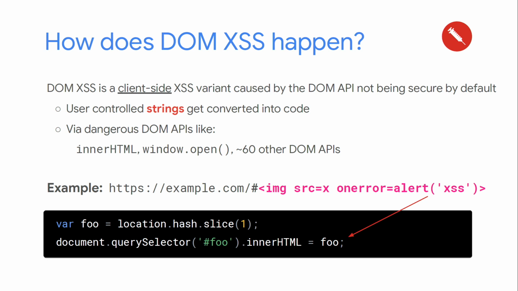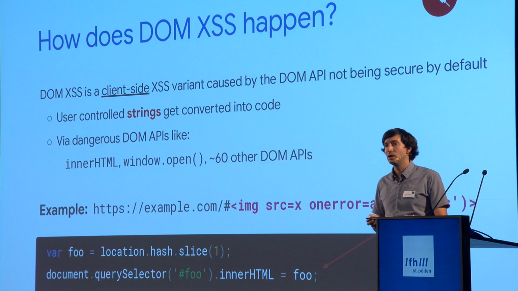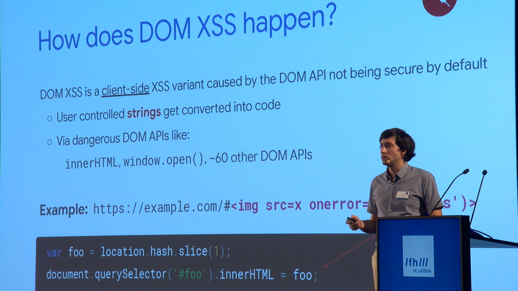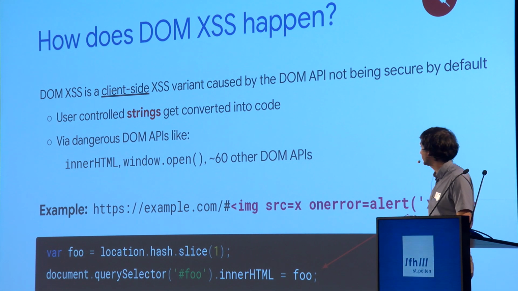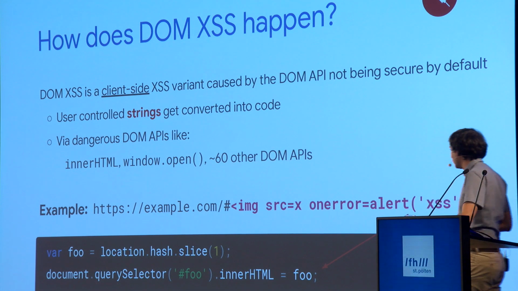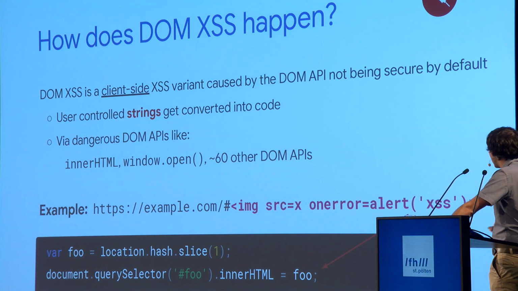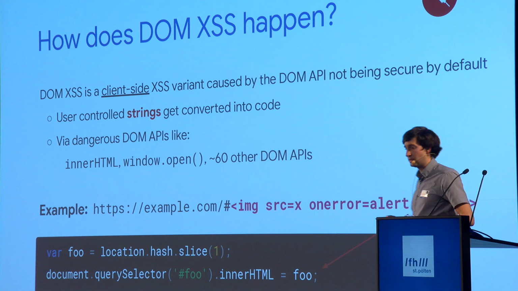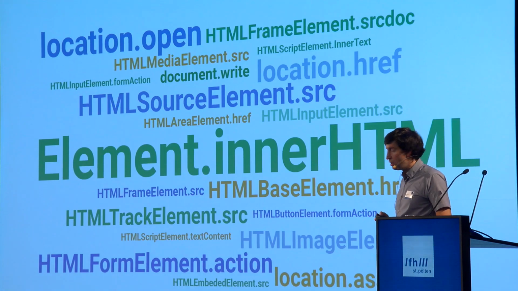For example, innerHTML, window.open, and 60 other APIs like that allow script execution in some form if you pass a user-controllable string to them, right? The basic example is, you have a URL fragment which is completely controllable by an attacker, and you take this URL fragment and paste it to innerHTML. This will lead to a DOM-based XSS attack.